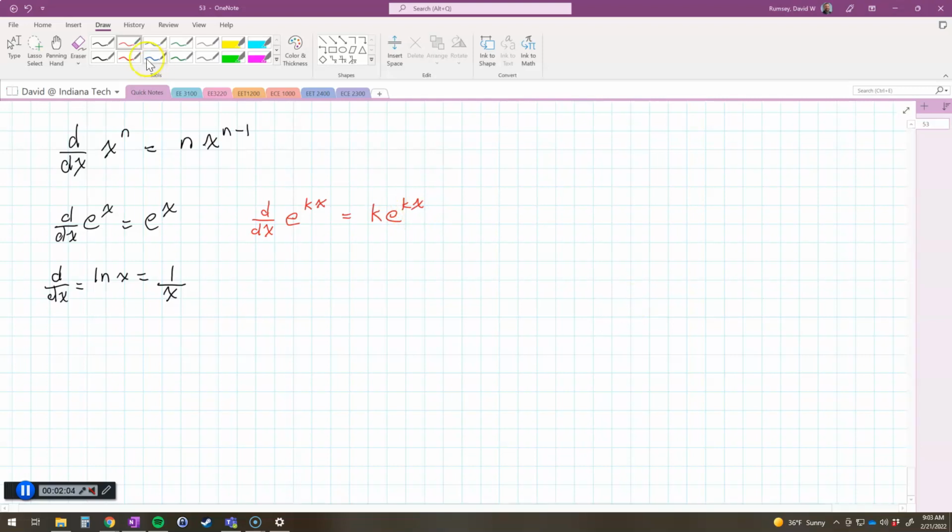So, for example, if we have the derivative of e to the negative 5x, well, the k in this case is the number, and the negative is part of that number, and so this would be equal to negative 5e to the negative 5x.